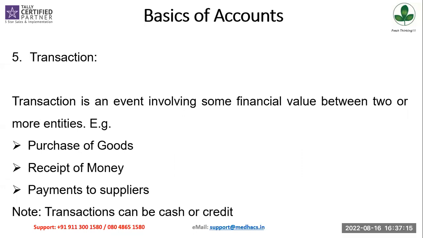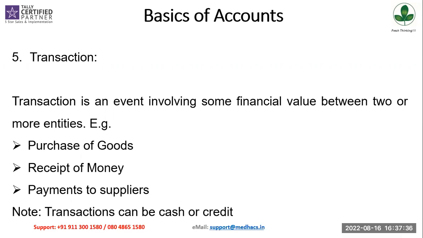Okay. So once you have understood what an entity is, next comes the transaction. What is a transaction? In simple terms, those who are already using Tally might know what a voucher or a transaction basically is.